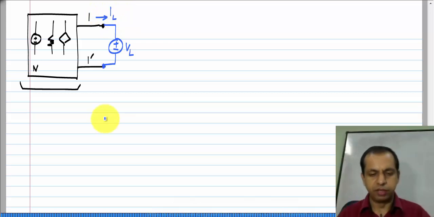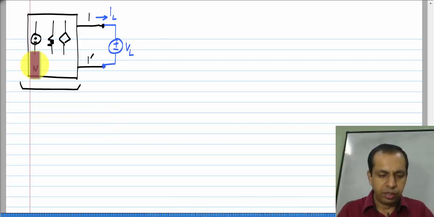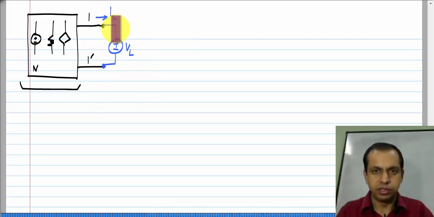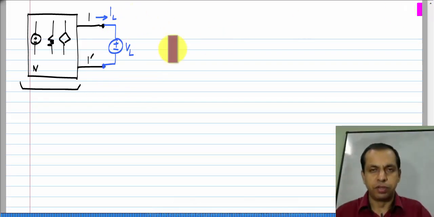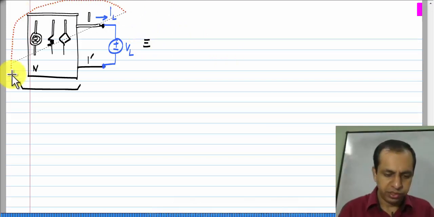Now, let us say I were given this circuit and asked to compute I L. Now, there are independent sources inside and there is one independent source outside, which is V L. How would I go about solving for I L? I could use superposition. I can think of this as a superposition of two cases.